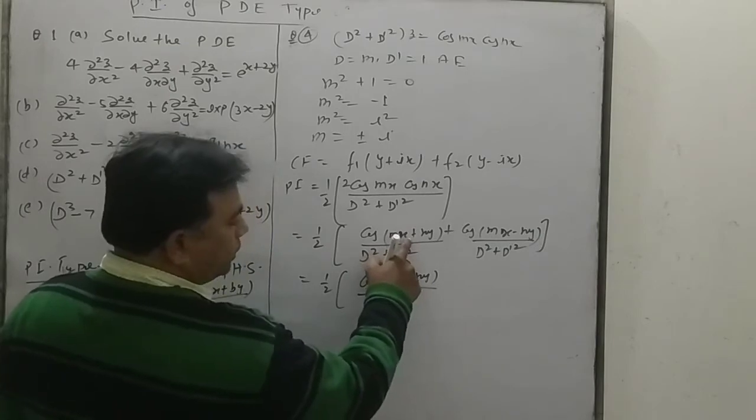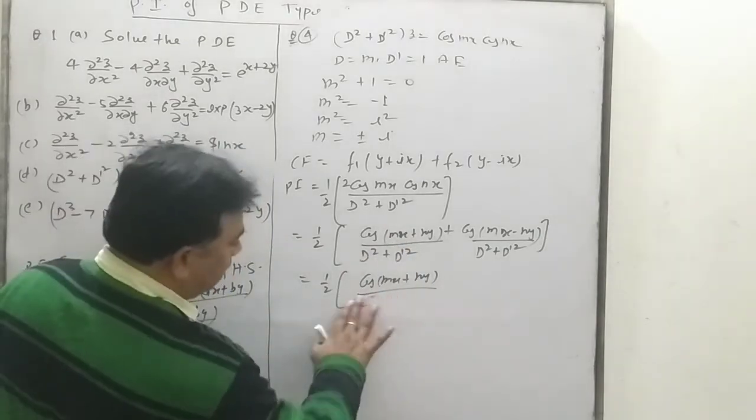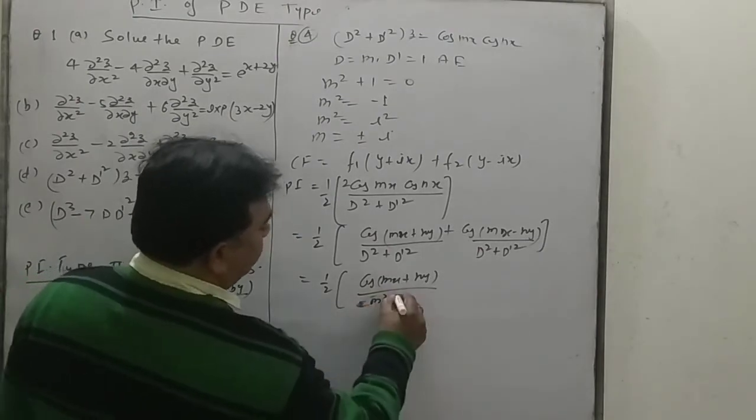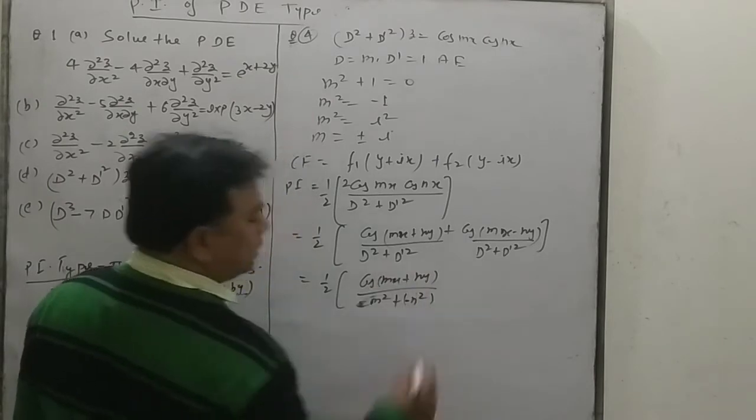1/2 of cos(mx + ny): the coefficient of x is m, so m² after taking the minus sign, then n² after taking the minus sign.